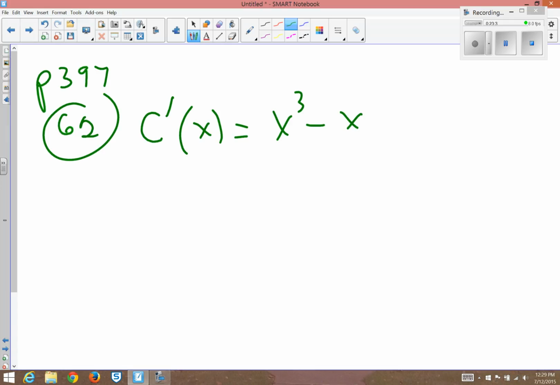And the question is to find the total cost function. So instead of being given the cost function and having to find the marginal cost, this is backwards. We have the marginal cost given, and we have to find the cost function. And we are going to assume that the fixed costs are $6,500.